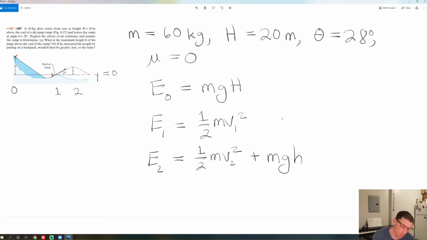And so what I want to talk about really quickly is that at 2, right, the velocity vector is going to be, let's just say, v2x and 0, right? Because he's at the maximum height, and so the y component of velocity is 0.